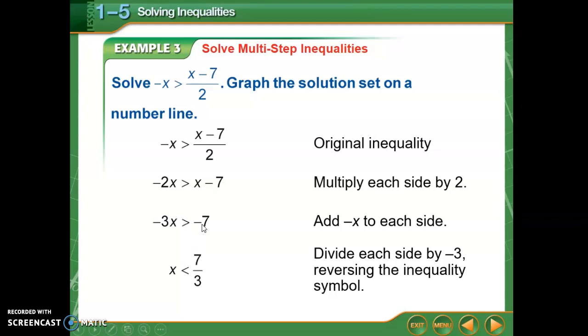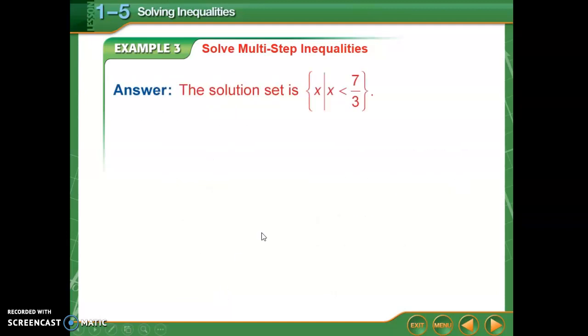And then negative 7 divided by negative 3 makes positive 7 over 3. Okay, so that is our solution set: x is less than 7 over 3. And then our graph. Since it's less than, there's no line at the bottom. It's an open circle, and then everything to your left will be shaded.